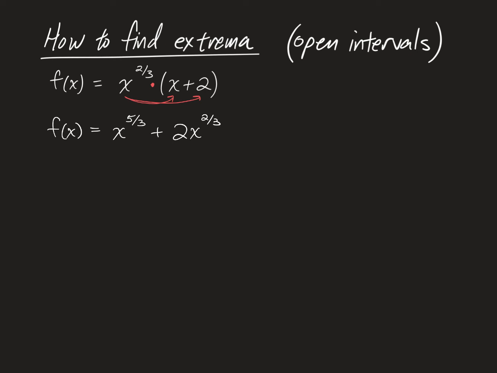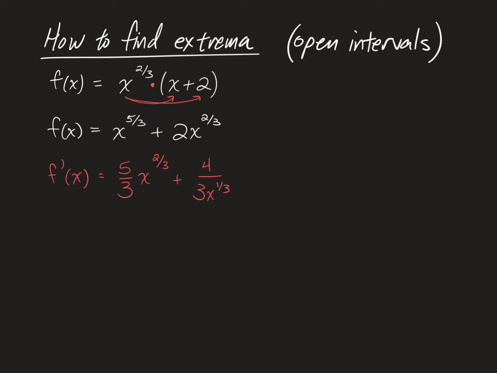So now instead of doing the product rule, I can go ahead and do the power rule. So the derivative, f prime of x, just by power rule, will be 5/3 x to the 2/3 power plus 4/3 with an x to the 1/3 power in the denominator. Now this looks like something that's a lot more fun to solve.